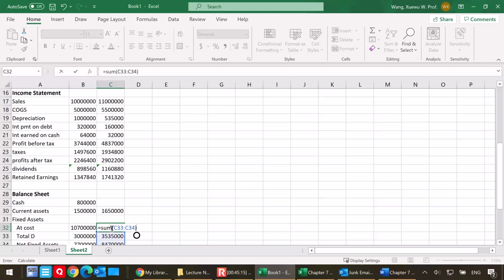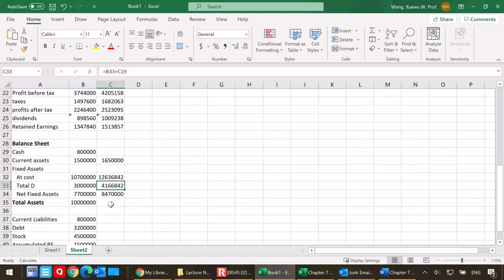I have not pressed enter yet, so the depreciation for 2005 is 535,000. Now I press enter, and yes, the number has just been updated. Excel has just finished one round of iterative calculation. That is something very subtle, but I have just shown you how you can appreciate the power of iterative calculation in Excel.